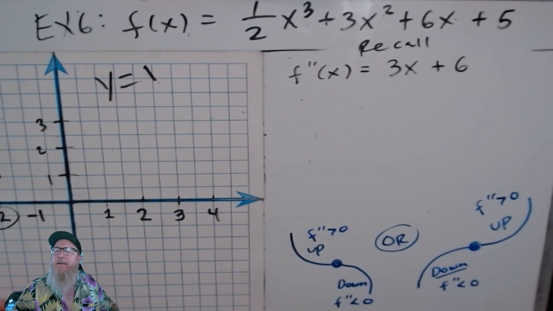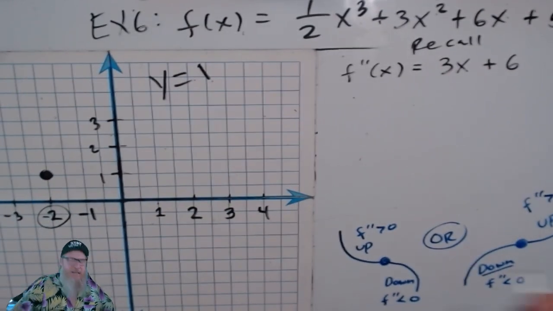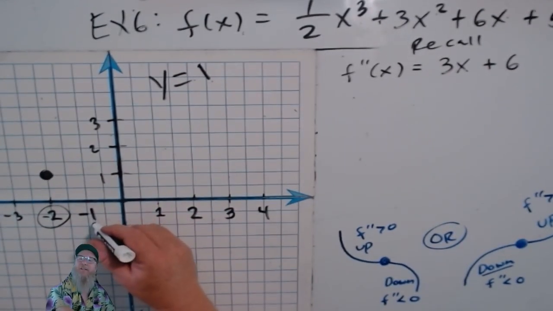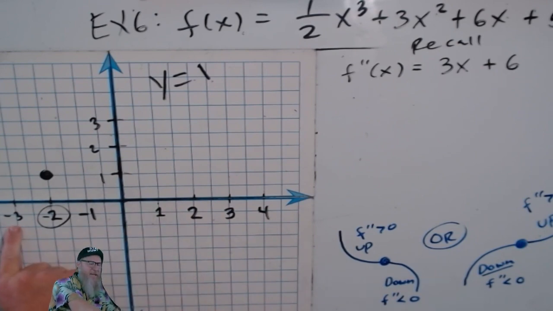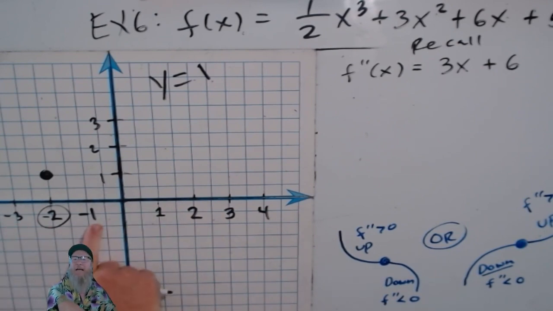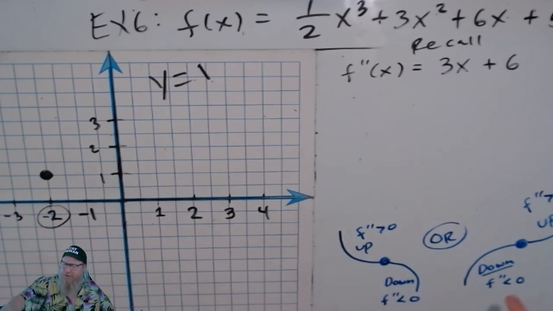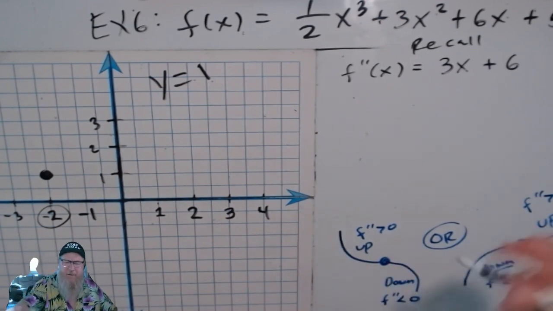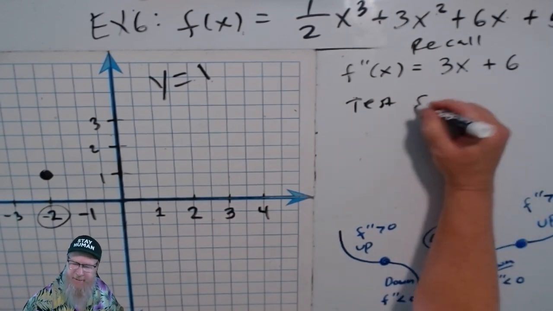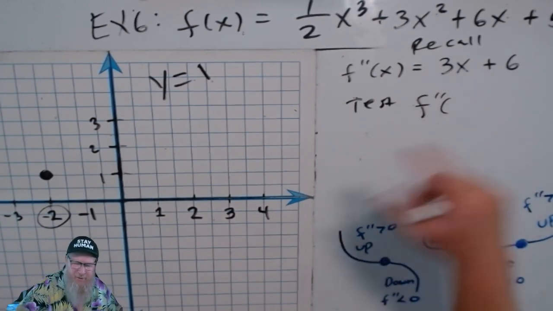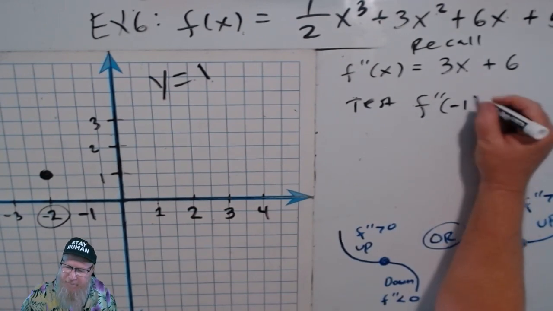All right. So if I test a number to the left, why am I pointing to the wrong side? To the left, negative 3, or to the right, I could test whether it's going down, up, or up, down. So let's just test a single number. How about negative 1?